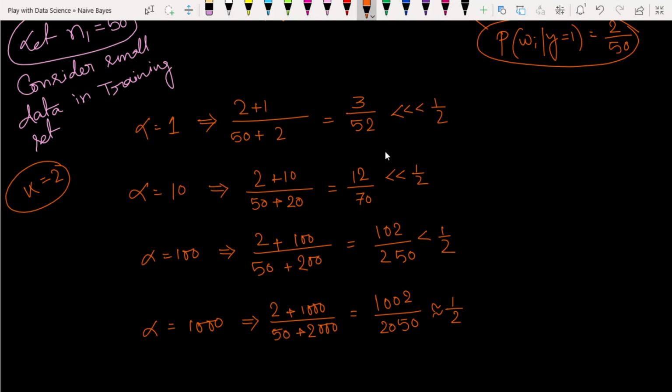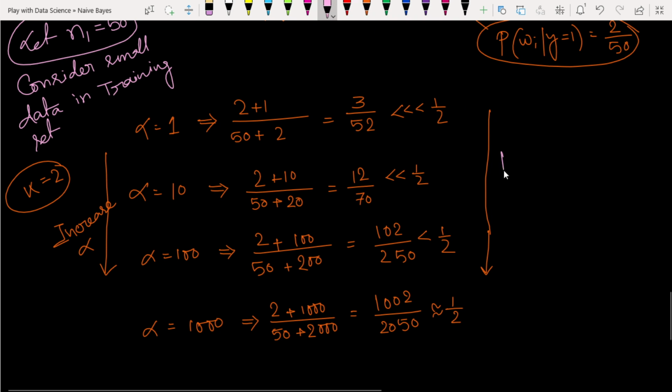So just by increasing the value of alpha, this probability value increases towards half.